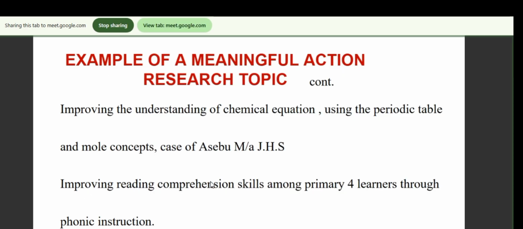Next: improving reading comprehension skills among primary four learners through phonic instruction. Here I've limited myself to primary education. So reading, and we are focusing on comprehension skills.